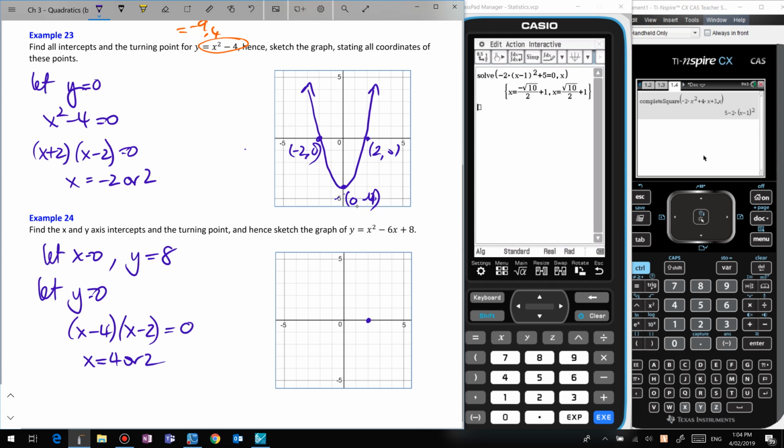So 2, 4, 8 is going to be somewhere up here. My turning point, x equals 3 because it's halfway between those two.